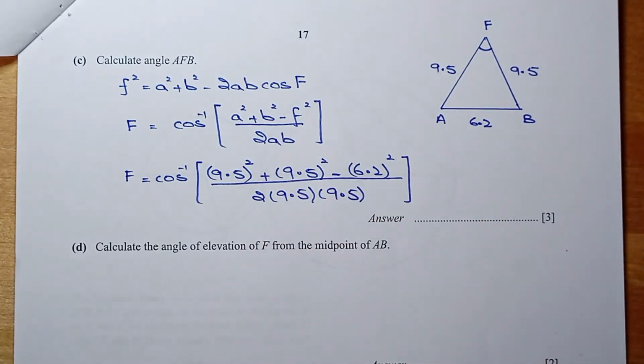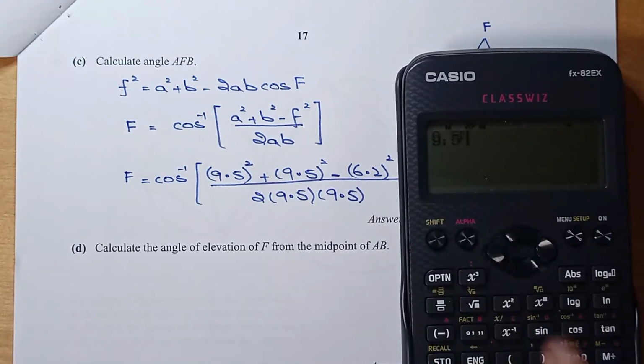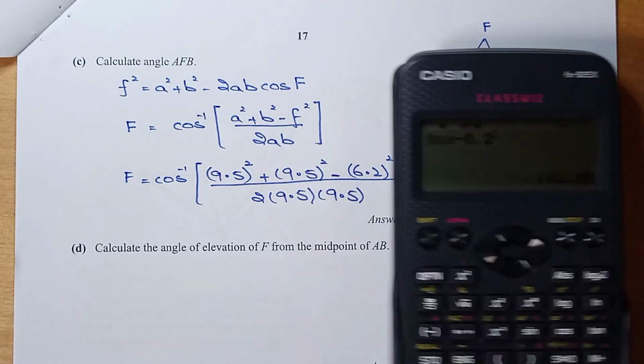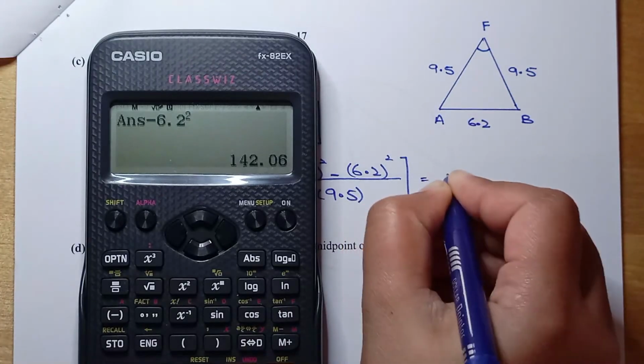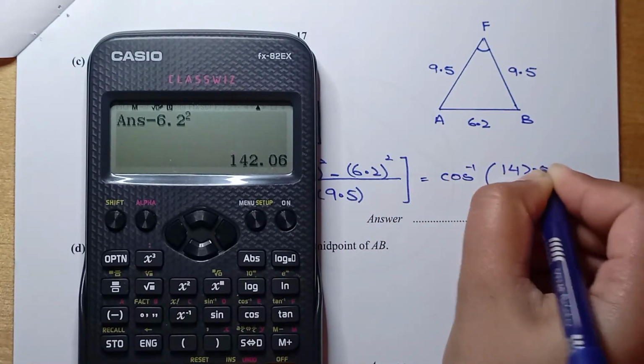Let me simplify it now. 9.5 squared plus 9.5 squared minus 6.2 squared is 142.06.